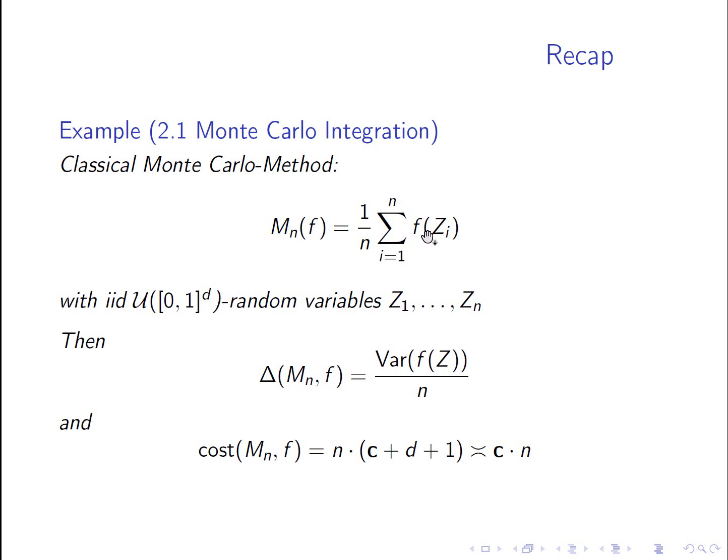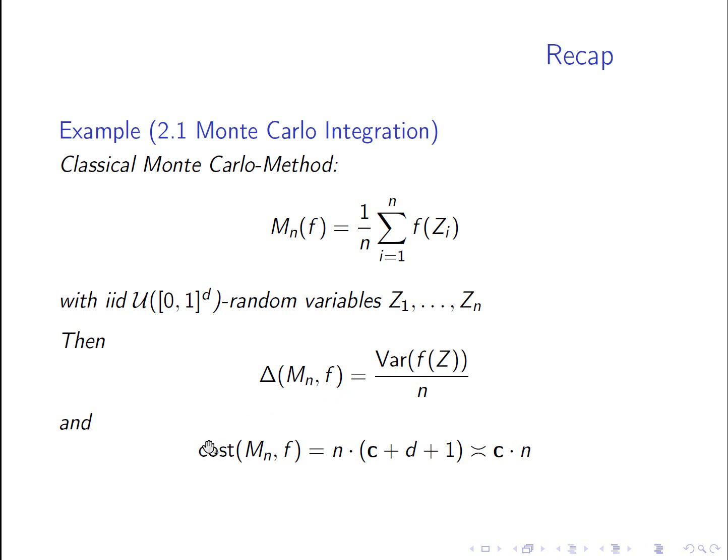We plug these into f, and then we average. And we already computed that the mean squared error, so here's a square missing, is just the variance of f(Z) divided by n. So the mean squared error decays with 1 over n, and the constant is the variance.